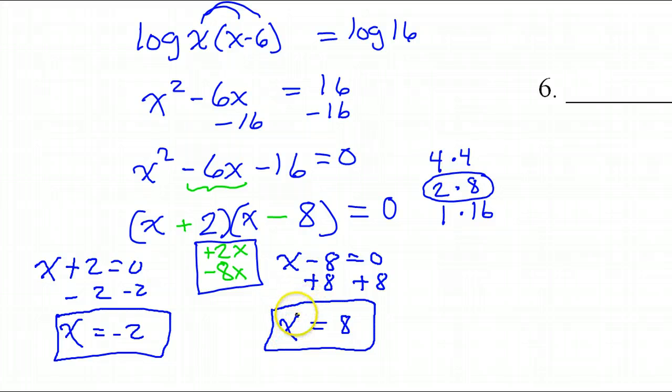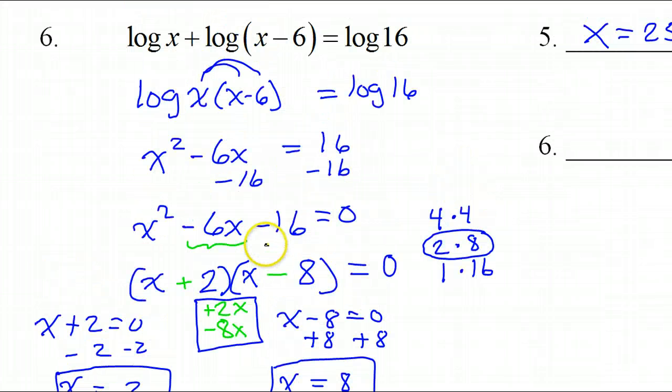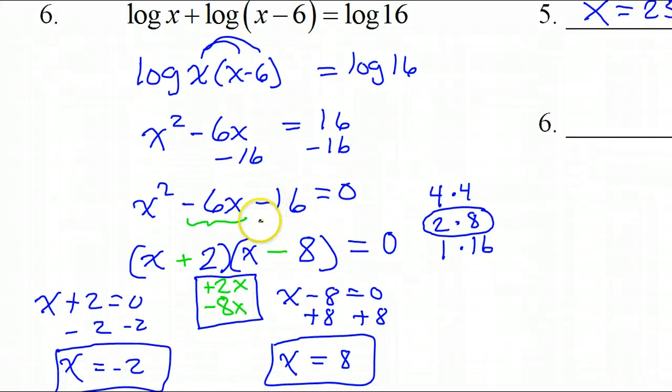All right, now it's time to see if any of these are extraneous. Well, yeah, the -2 is automatically extraneous because this first term is just a naked x with nothing else with it. So if I do log of x, that's the log of -2, and you cannot take the log of a negative number.